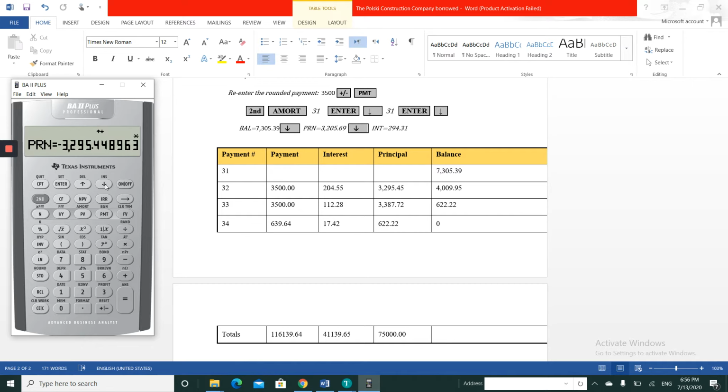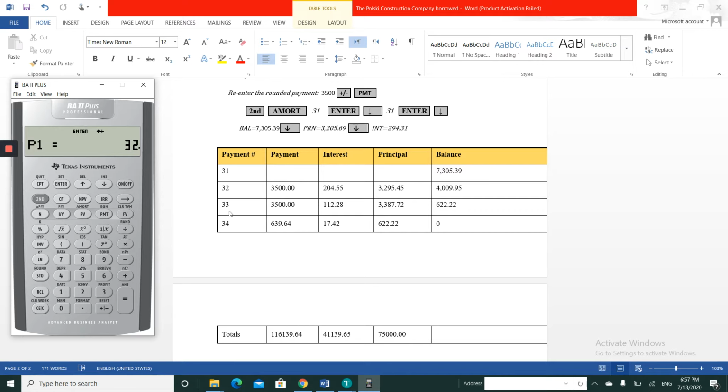Go down again. The principal repaid is $3,295.45 after rounding. And again go down. You can see the amount of interest for payment number 32. It's $204.55. And the amount of each payment is $3,500.